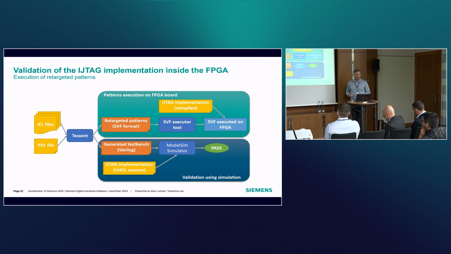The two should produce the same or similar results. To initiate these two scenarios, you need to provide ICL and PDL. Using Tessent, you would receive top-level retargeted patterns in SVF format that would be run by the SVF executor.